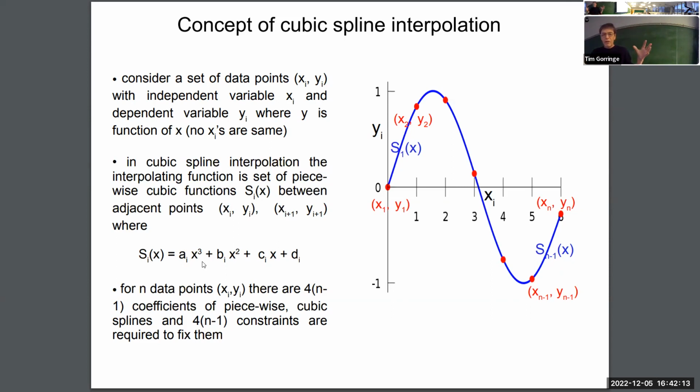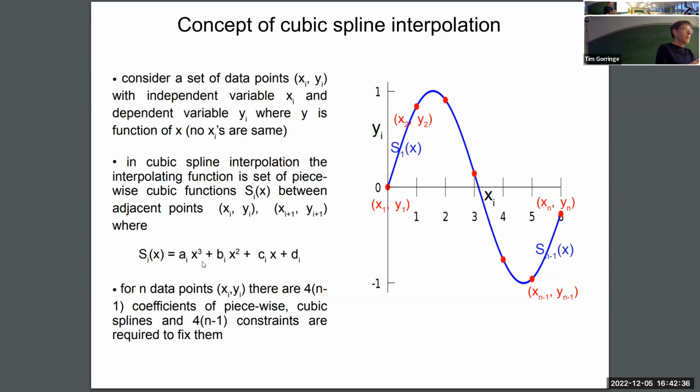If you think about it, if you've got n points, you've got n-1 little regions between adjacent points. And so you're going to have 4 times n-1 coefficients for the cubic spline.